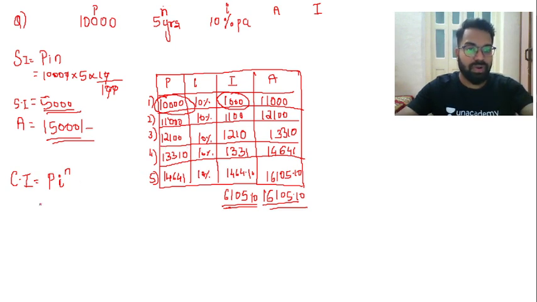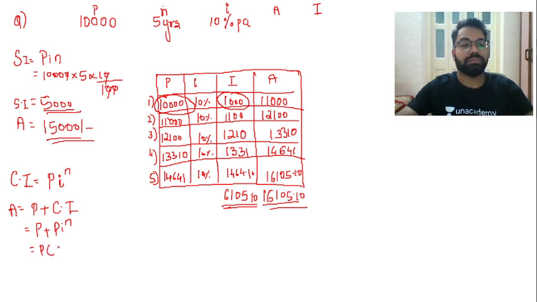So this is the formula for compound interest, and the amount is nothing but principal plus compound interest, which is nothing but principal plus I raised to n. This is P, comma, 1 plus I the whole raised to n.